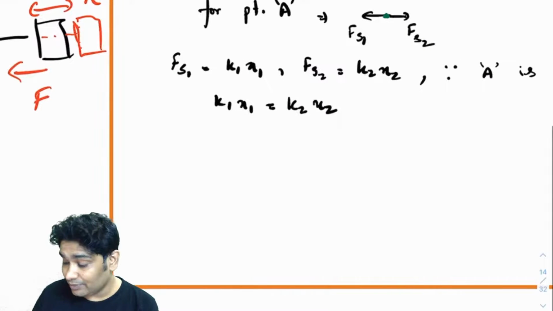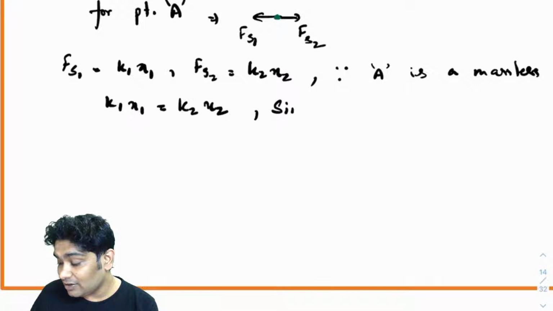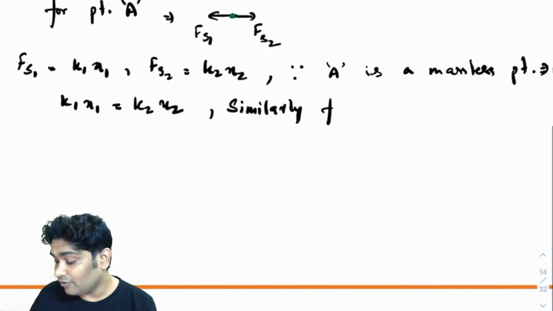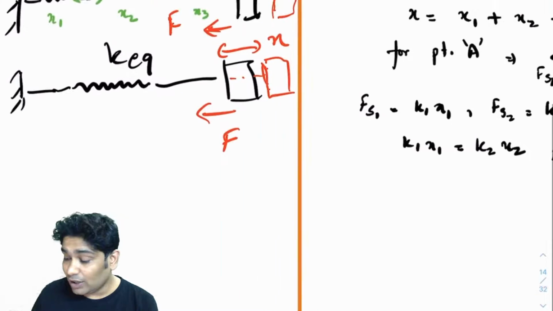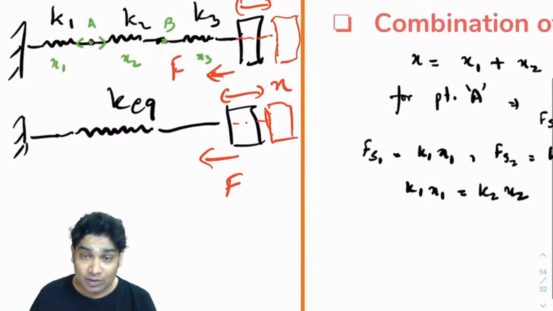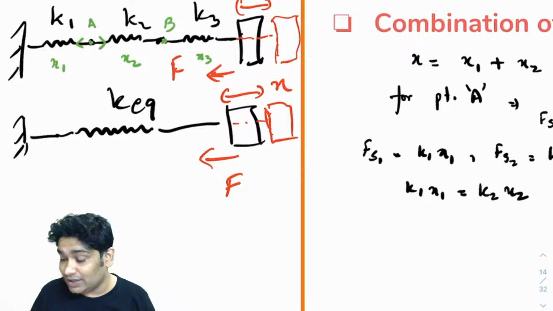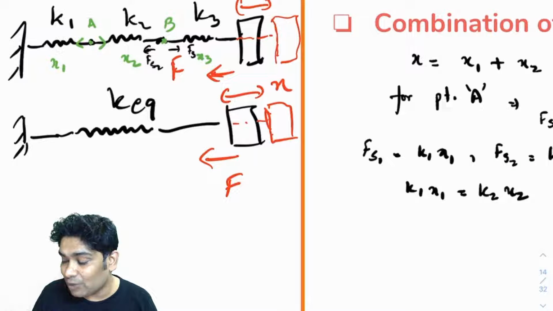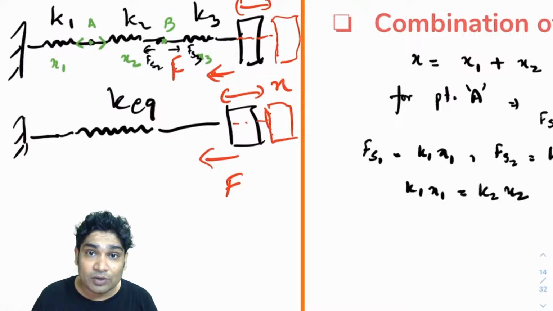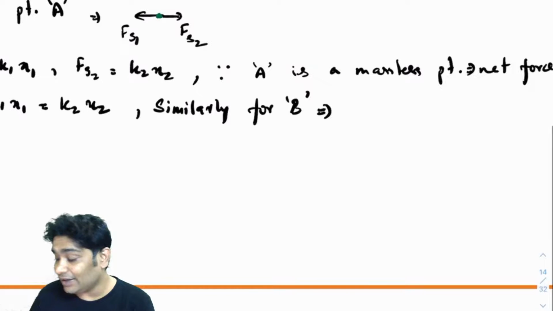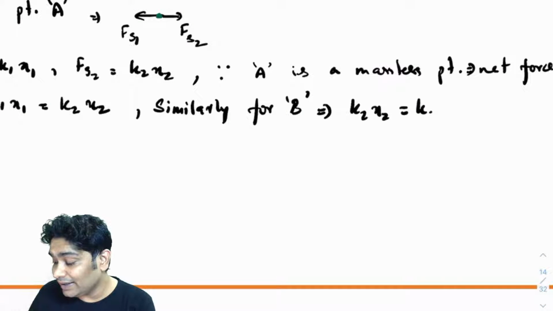Similarly, for point B, what are the forces on point B? One spring is pulling it in this direction, which is Fs2, and the other spring is pulling it in this direction, which I am calling Fs3. So Fs2 should be equal to Fs3, which implies that K2 x2 should be equal to K3 x3.